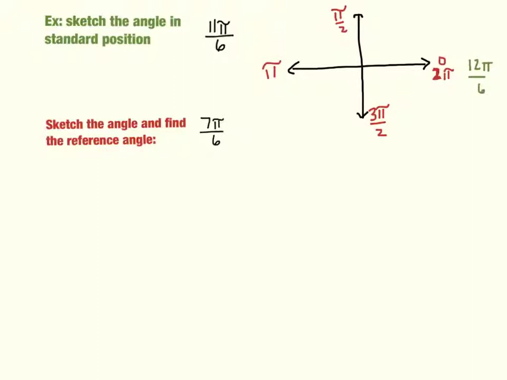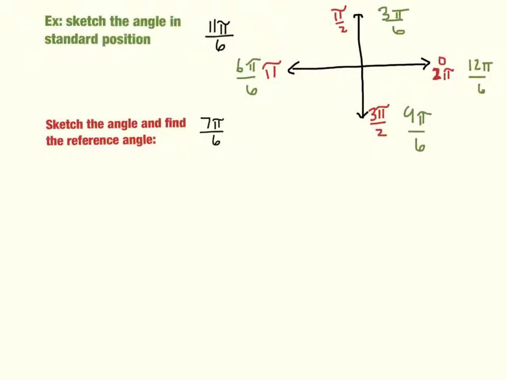Because 12 over 6 is 2, so these are the same. If I needed something over 6 that gives me a half, well, then that'd be 3 pi over 6. And to give me just 1 whole pi, that'd be 6 pi over 6. For 1 1/2, it'd be 9 pi over 6.